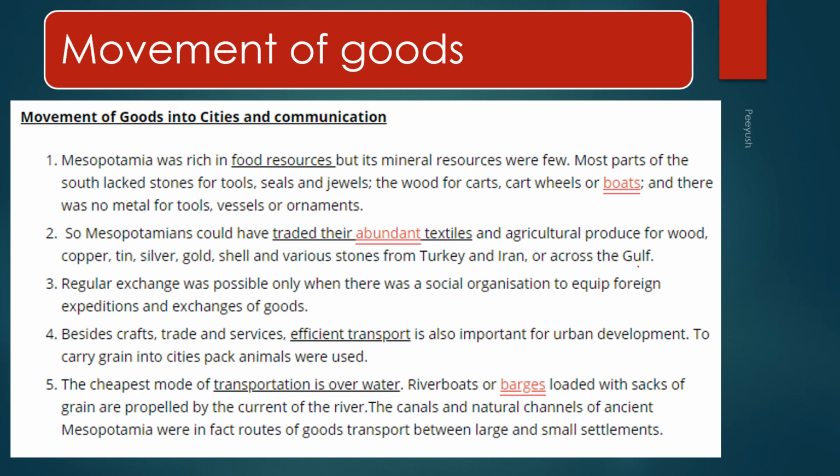Regular exchange was possible only when there was a social organization to equip foreign expeditions and exchanges of goods. So we clearly understand, as we discussed on the previous slide, that there was a social organization, and like we discussed, rulers controlled it.